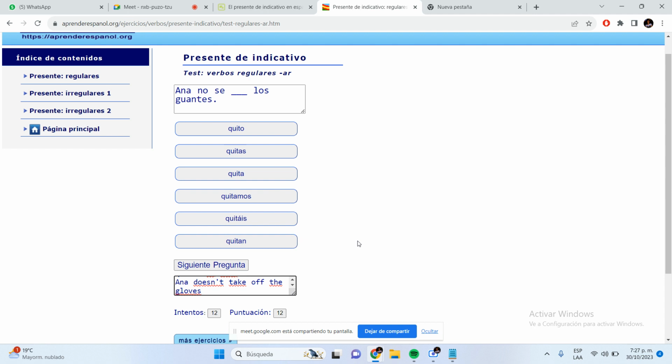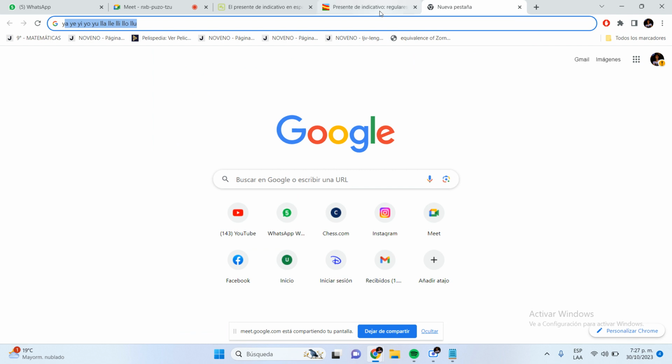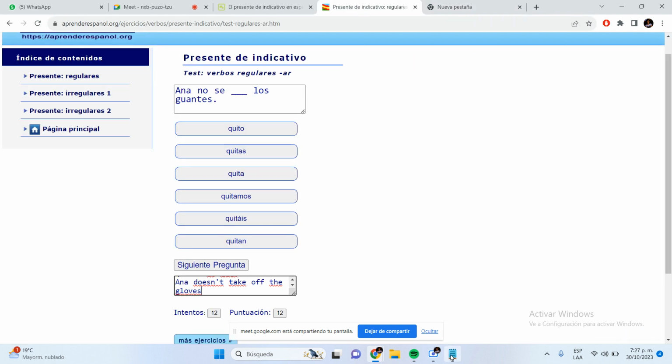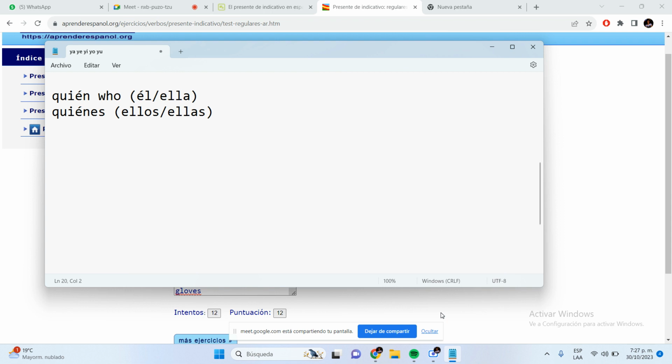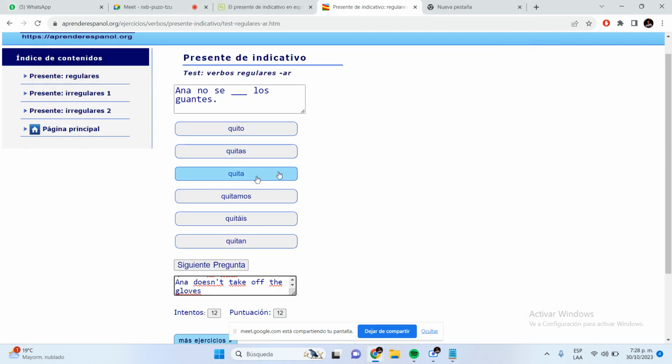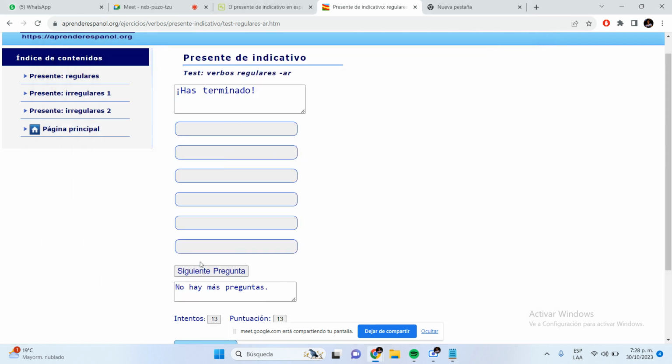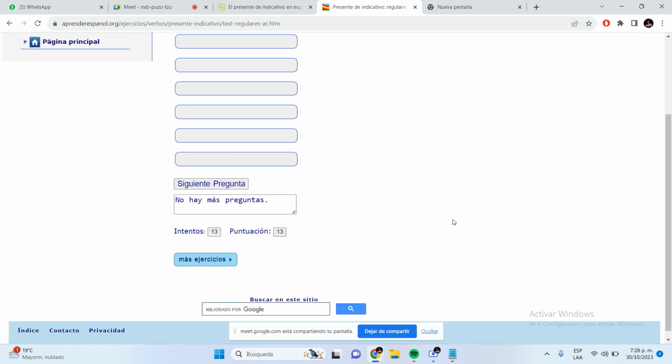So the singular would be quita. Every time we see a word like this, key, it's the same as key. So quita.